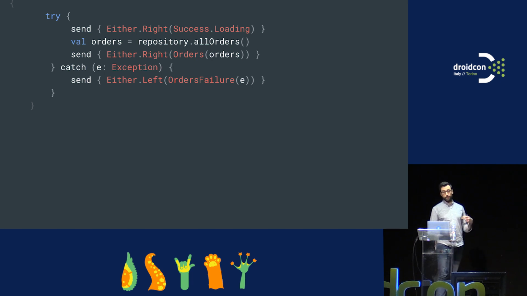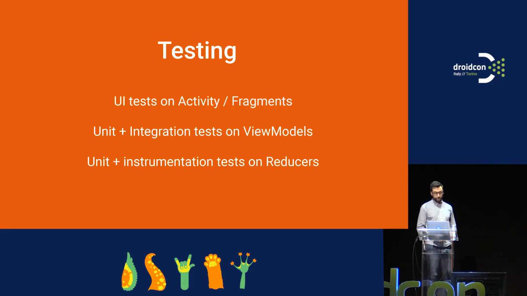Instead of having to send states through the view model, we have now a channel that's going to be sending all those states back to the main UI. In terms of testing, this architecture has, we're going to show UI tests on the activity or fragments. Basically, since we've abstracted ourselves from the view model, we can just have a wrapper on the object on the activity class, and we can just start rendering states.